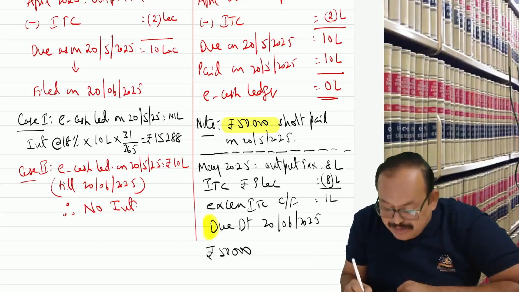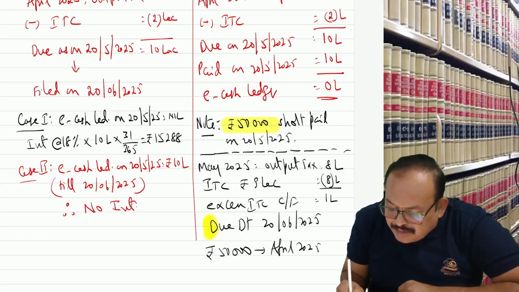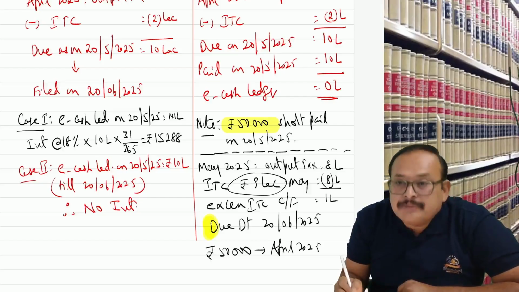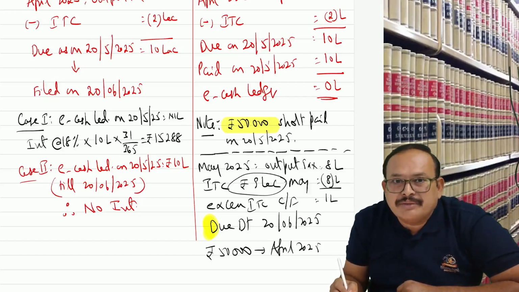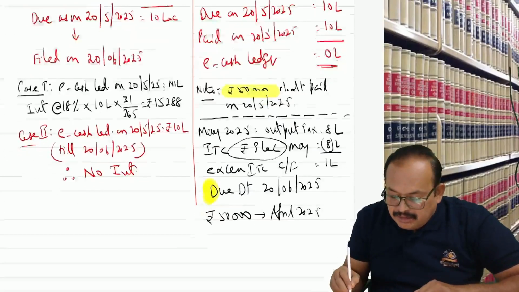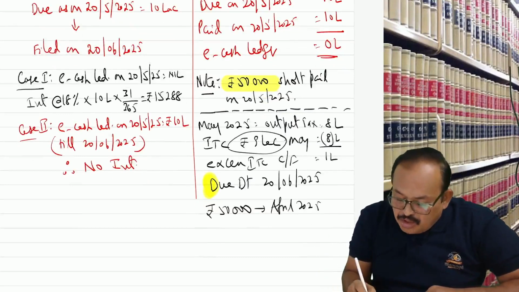This 50,000 belongs to April 2025. This credit belongs to May month. That can be adjusted. You have to pay through the electronic cash ledger. When you are going to pay this 50,000 with the electronic cash ledger, delay happens.